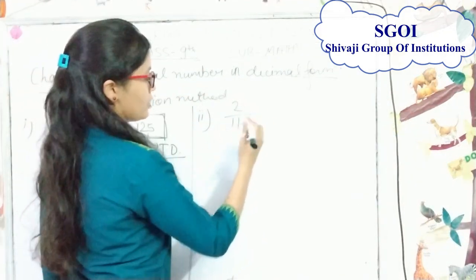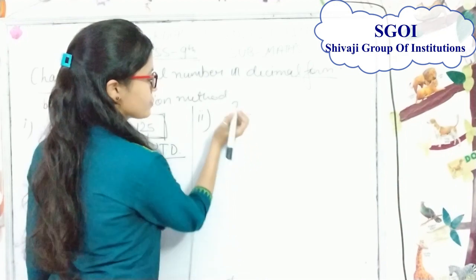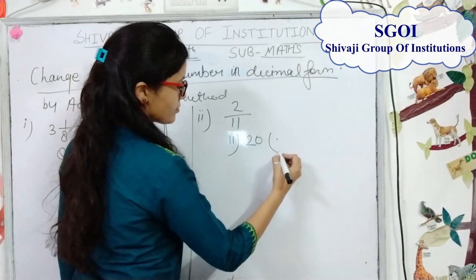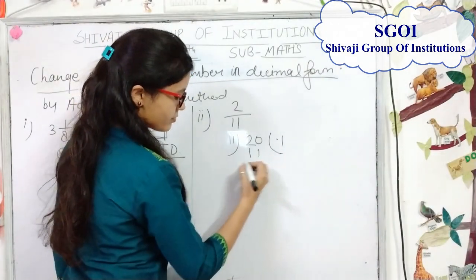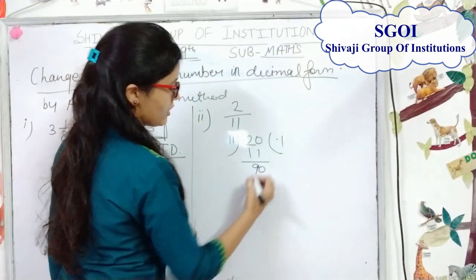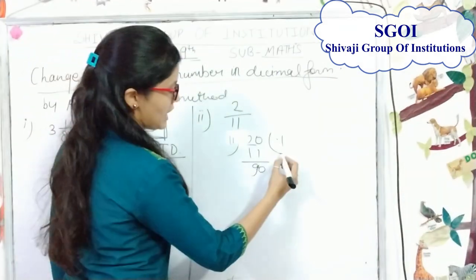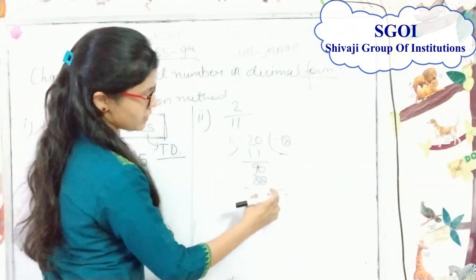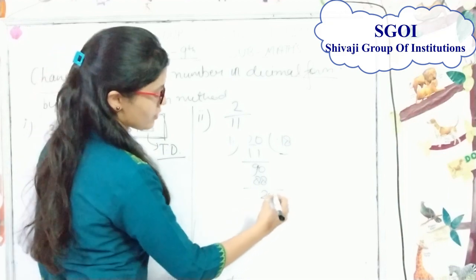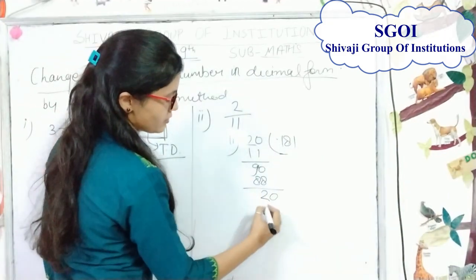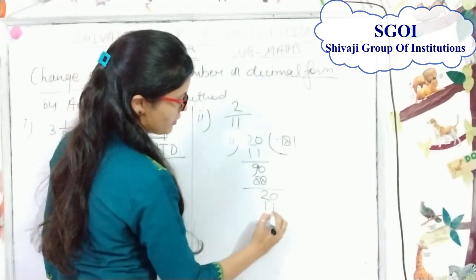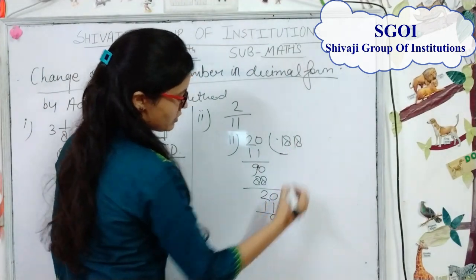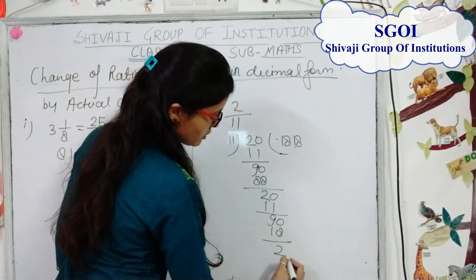When we divide it, we get remainder 2, then 9, and again 0, 8.